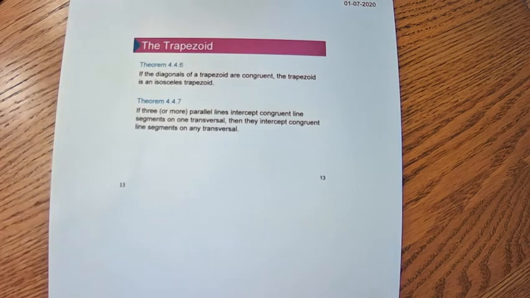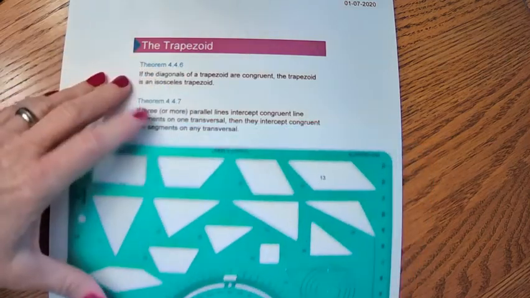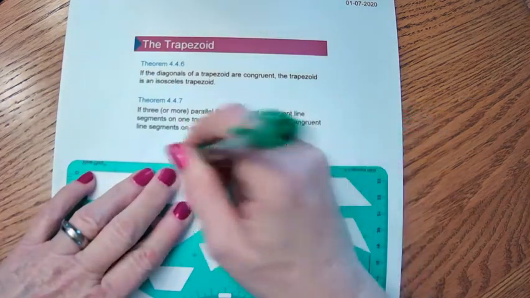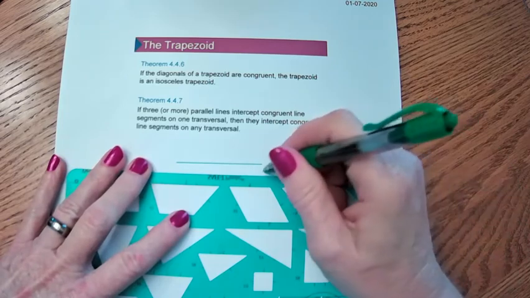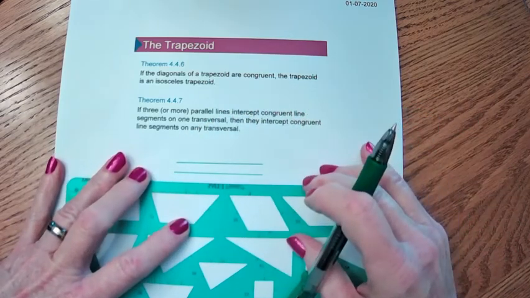And this last one. So if 3 or more parallel lines intercept a line segment, so here's a set of parallel lines.